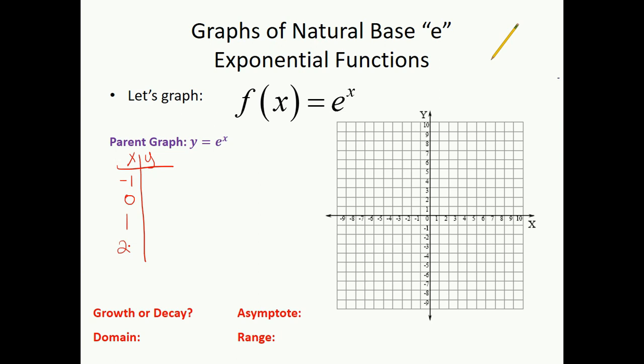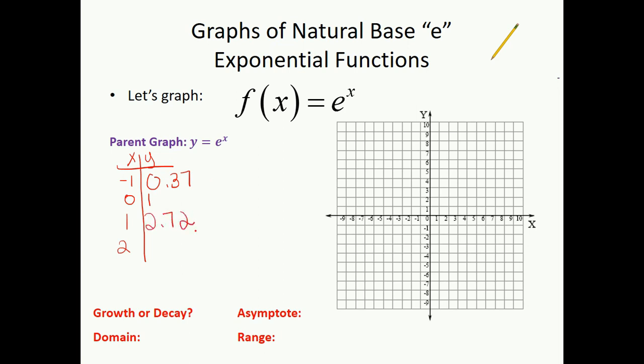It just kind of looks a little different. So e to the -1 is 0.37. e to the 0 is 1. e to the 1st is 2.72.